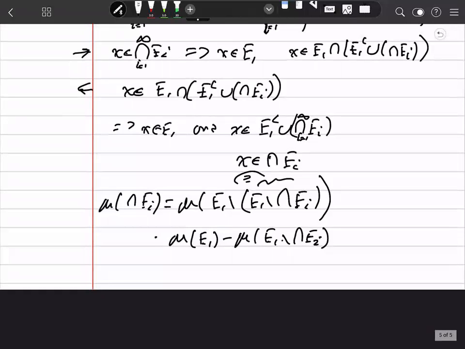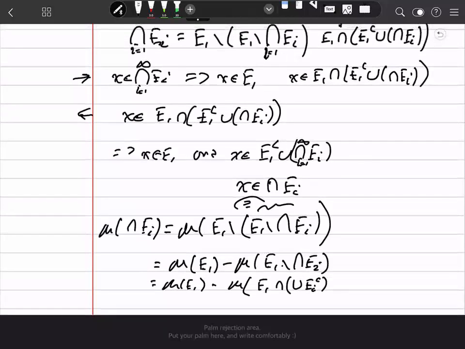This becomes mu of E1 minus mu of E1 intersect the union of E sub I complement, like what we had up here.